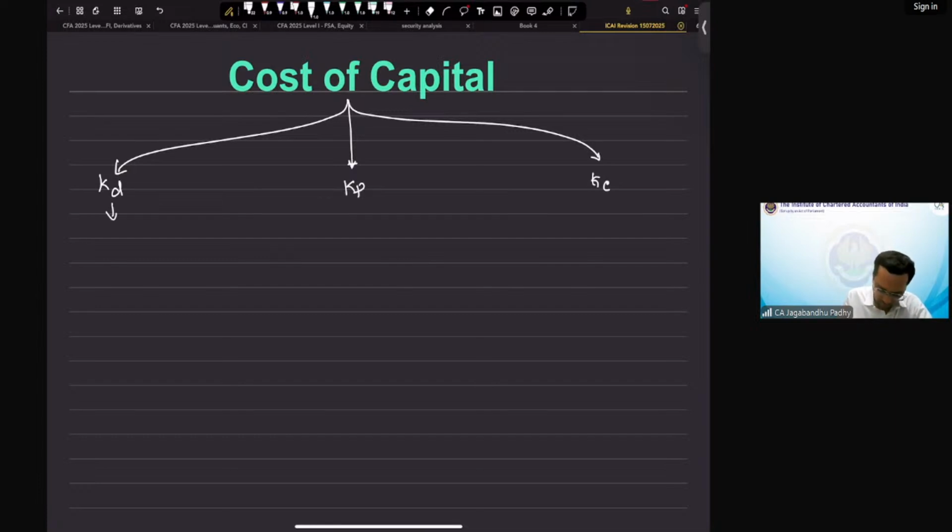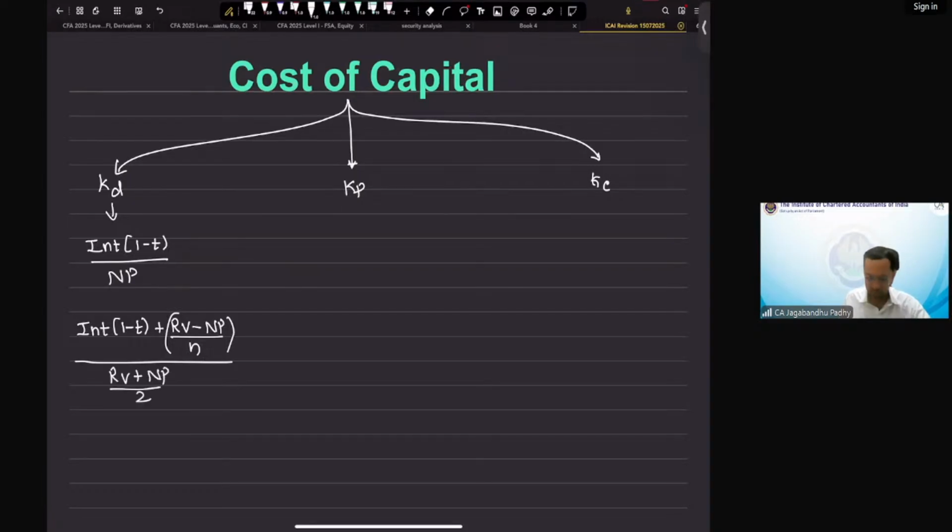Cost of debt can be computed as interest into 1 minus T upon net proceeds if it's an irredeemable debt. Whereas if it's a redeemable debt, it's going to be interest into 1 minus T plus redemption value minus net proceeds upon N, the whole divided by redemption value plus net proceeds by 2.